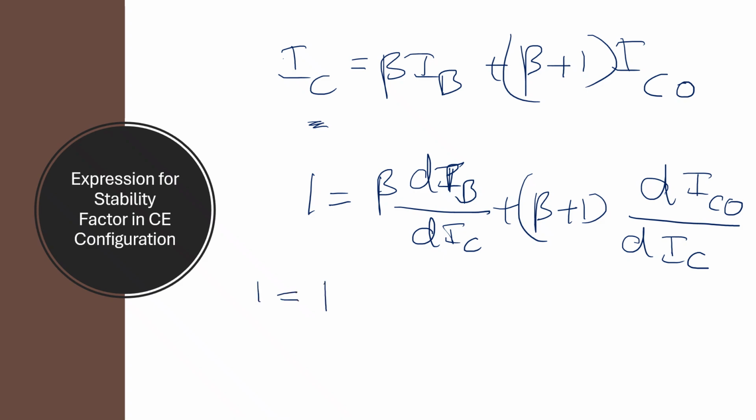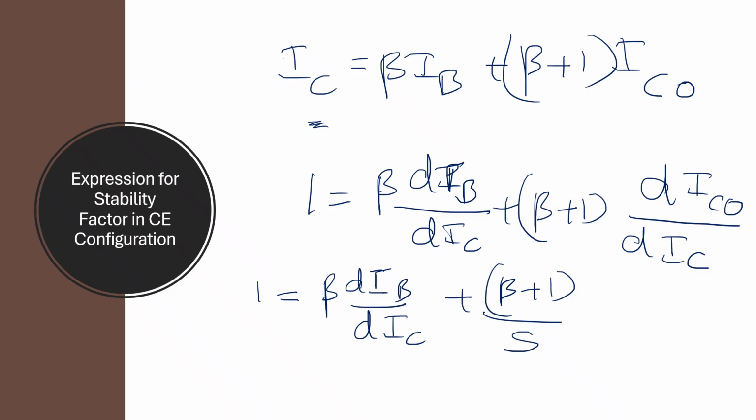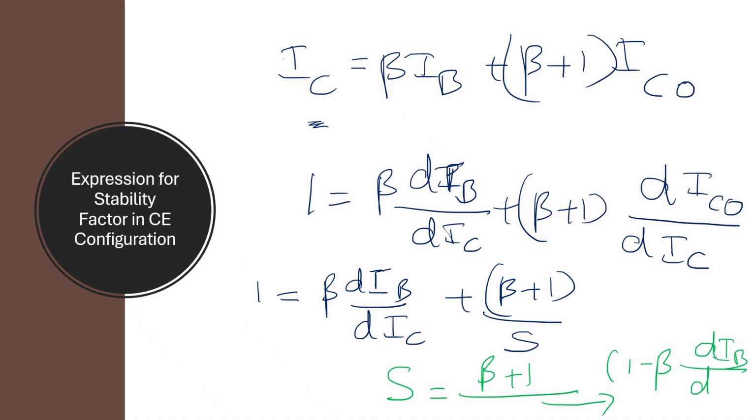Simplifying it further, it is equal to beta into dIB by dIC plus (beta plus 1) divided by S, where S is equal to (beta plus 1) divided by, I'm writing the denominator here because of lack of space, 1 minus beta into dIB divided by dIC.